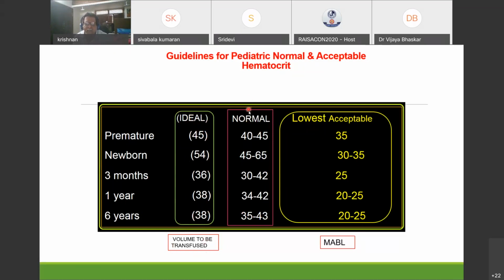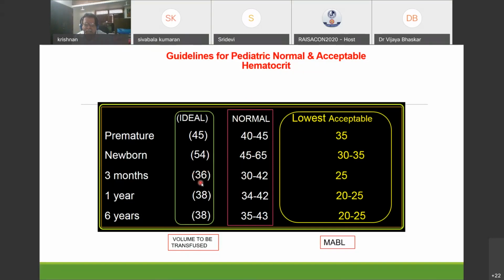Because when you have a patient at a normal level of say around 40 hematocrit, and the patient loses blood, I need to give blood. I need not give blood just from 30 to 32 or 33. I would like to give enough blood so that the hematocrit reaches 36.